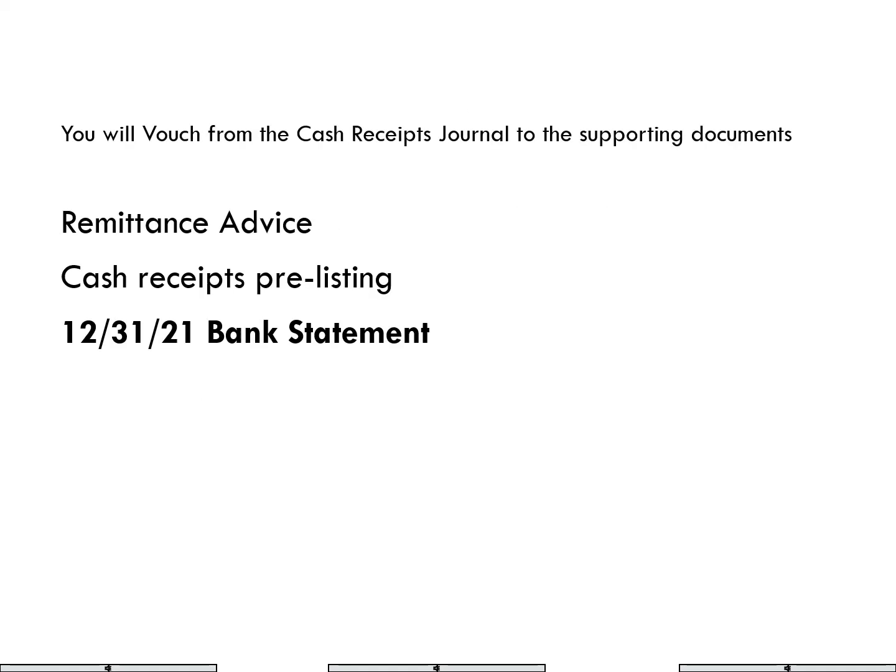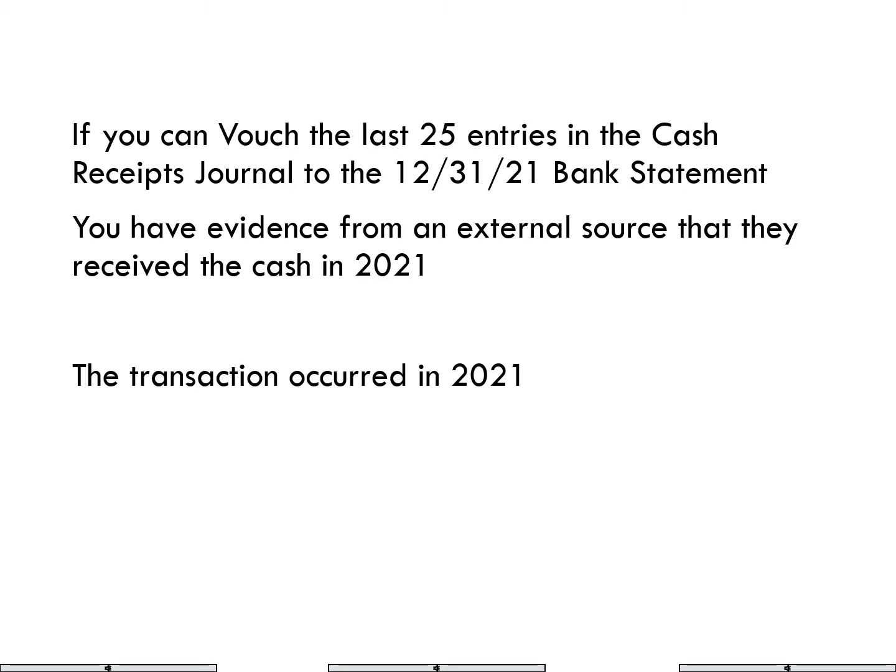We're going to vouch from the cash receipts journal to the December bank statement. If we can vouch the last 25 entries in December's cash receipts journal to the December bank statement, then we have external evidence that they actually received the cash in 2021 and the transaction occurred in 2021.